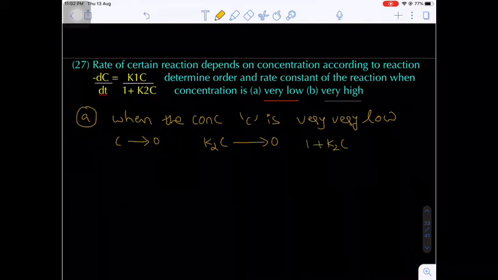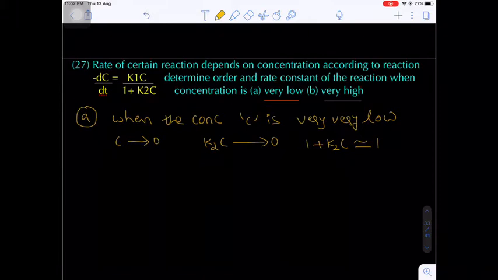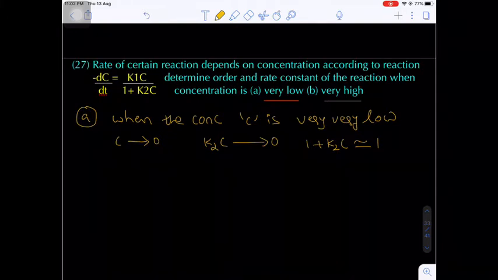So I can write 1 plus K2C almost equal to 1 in the denominator, because K2C is approaching almost 0, so 1 plus 0 gives you almost the 1 value. But in the numerator we should not write K1 into C as 0, because then the total rate will be 0.